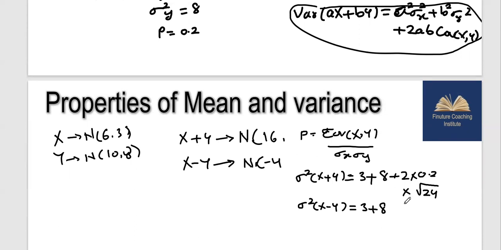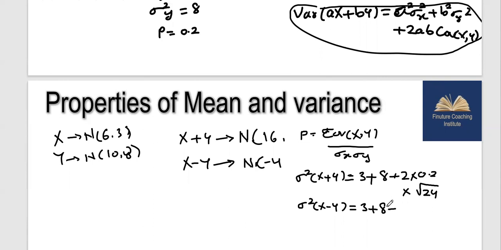It is 3 plus 8 plus 2ab. So instead of 2 times 1 times 1, it would be 2 times 1 times minus 1. So instead of plus it becomes minus when you are calculating the variance of x minus y. It would be the same expression.